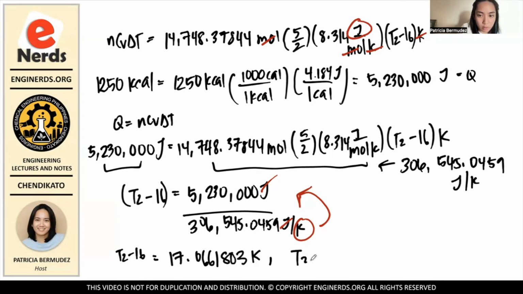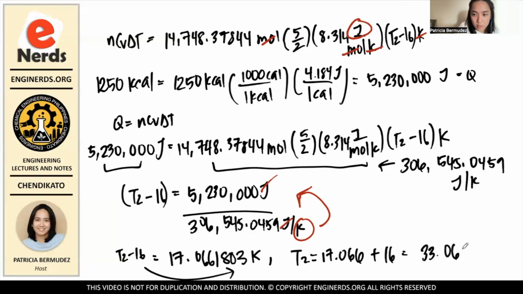So T2, if we transpose this, it becomes plus. So T2 is 17.066 plus 16, which is 33.066 degrees Celsius.